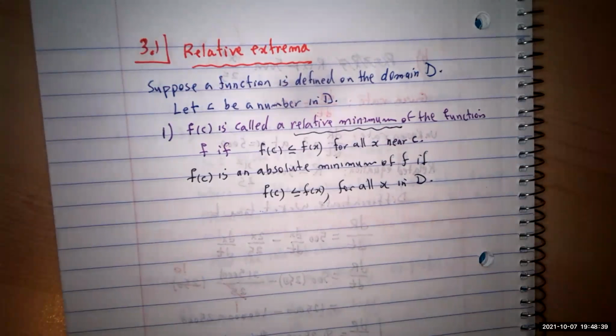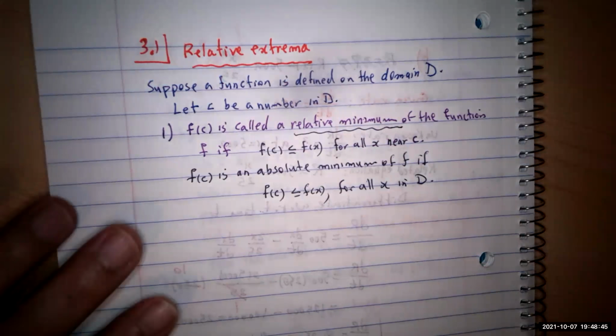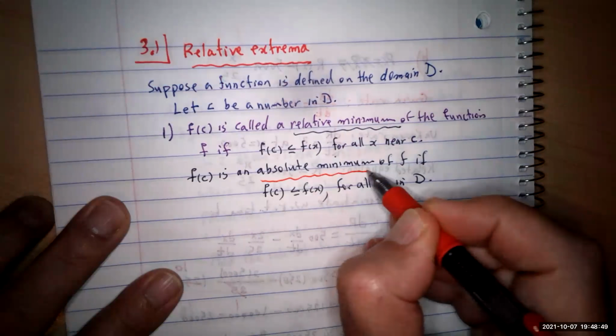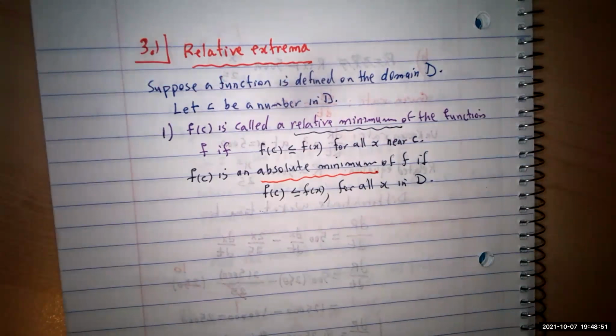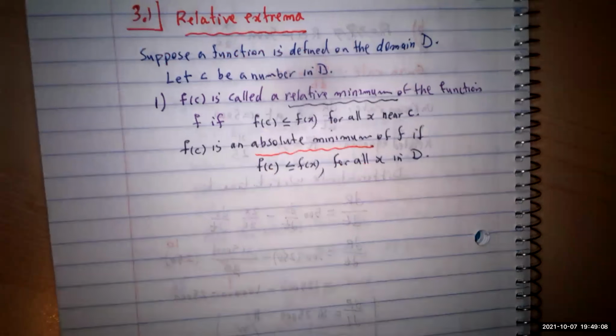The entire domain is like the entire country, the United States of America, for example. So this is called the absolute minimum, the bottom value of your function. But relative is just in the neighborhood of your home. It's local. Any question? That's a minimum.